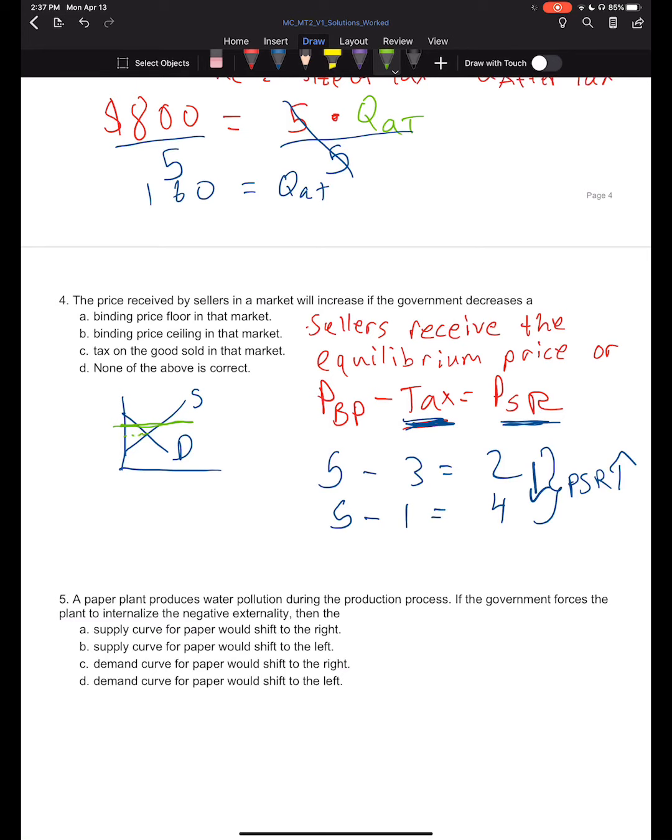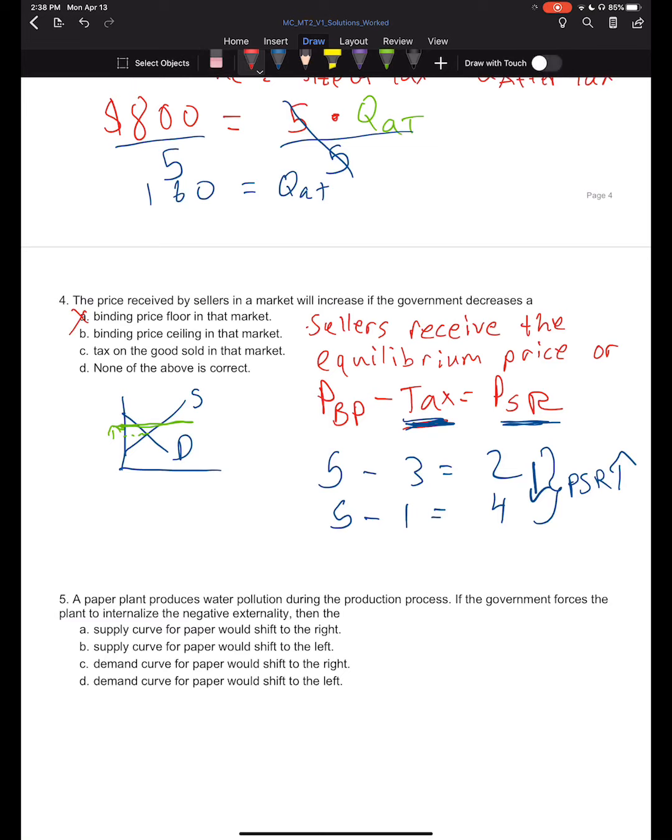It's moved up from equilibrium and it's now higher than it was before. So a binding price floor in that market, well, it's asking what? If the government decreases a binding price floor, they're moving it down. So then that can't possibly be the right answer. So we can go ahead and mark that off.